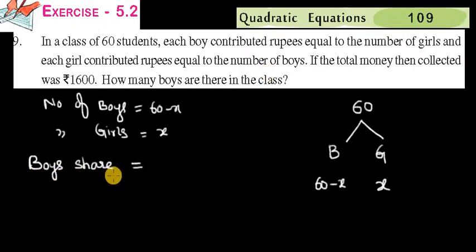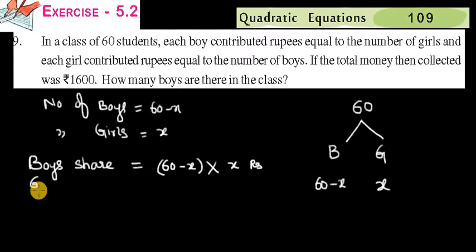Now the boys' share, here it is a contribution, is the number of boys into how much each boy is spending? x rupees. Why? Because they have x girls, they are giving x rupees. So this is the boys' share. As simple as that: number of boys, each one sharing x rupees.